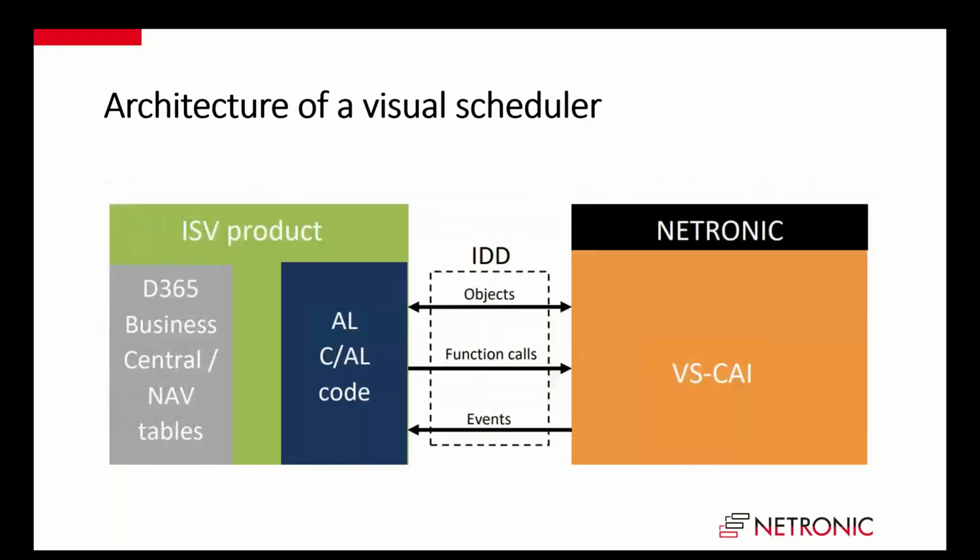So, and now we get back to this graphic I showed before. So this is the ISV product you are probably going to build. So you know which tables you want to connect and you want to visualize. And therefore, in your code, you are fetching the data from these tables. You decide what you really want to show and how you want to show it.